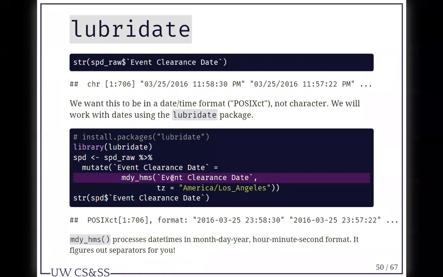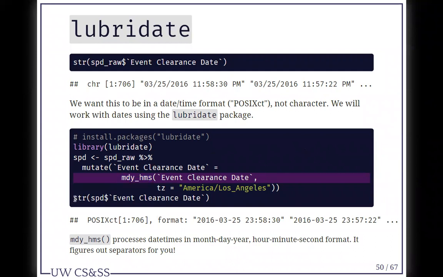We supply it this column, event clearance date, and the time zone, America/Los_Angeles. The Lubridate package has functions that can parse times for different setups of how times are written. So you can give it just weeks, or just the month and year, or just the minutes and seconds, and so on.